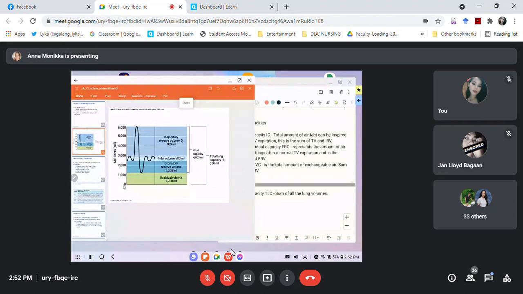We have these legends 0 to 6,000. This is your residual volume, up to 1,200, the green one.